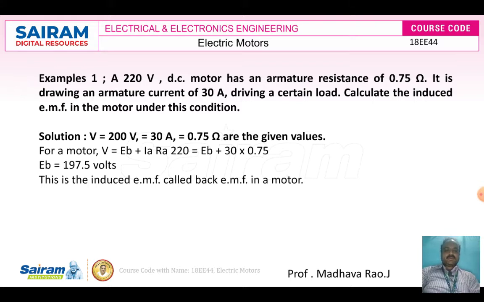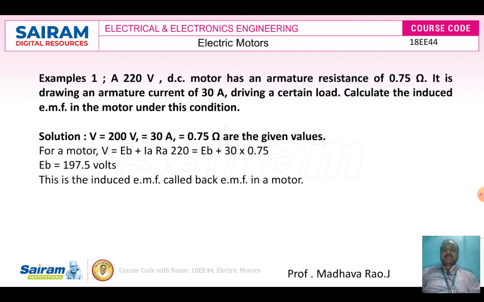First you should write the given data. Whatever values are given, we have to write them, then you can understand which formula we can use to solve the problem, right? So 220 volts means line voltage V is 220 volts. A DC motor has armature resistance RA, which is 0.75 ohm.